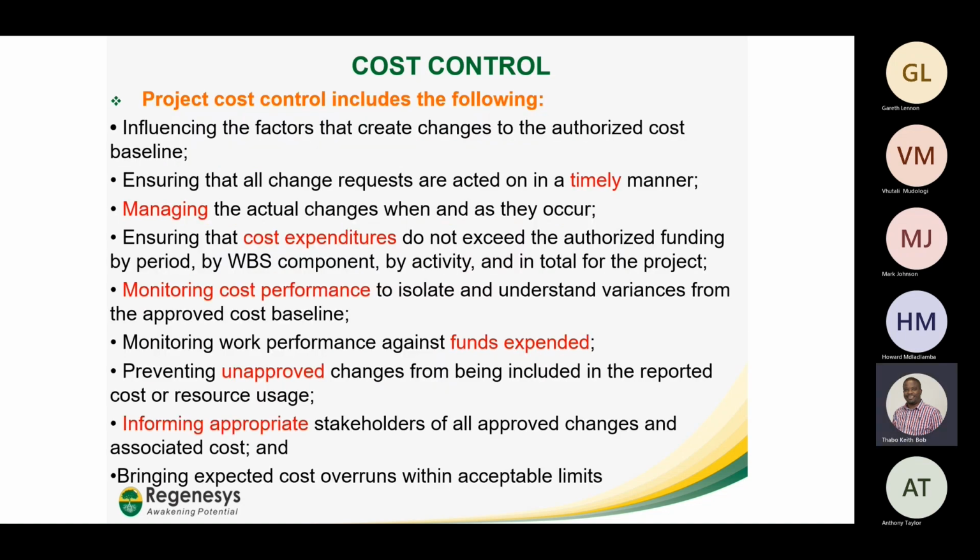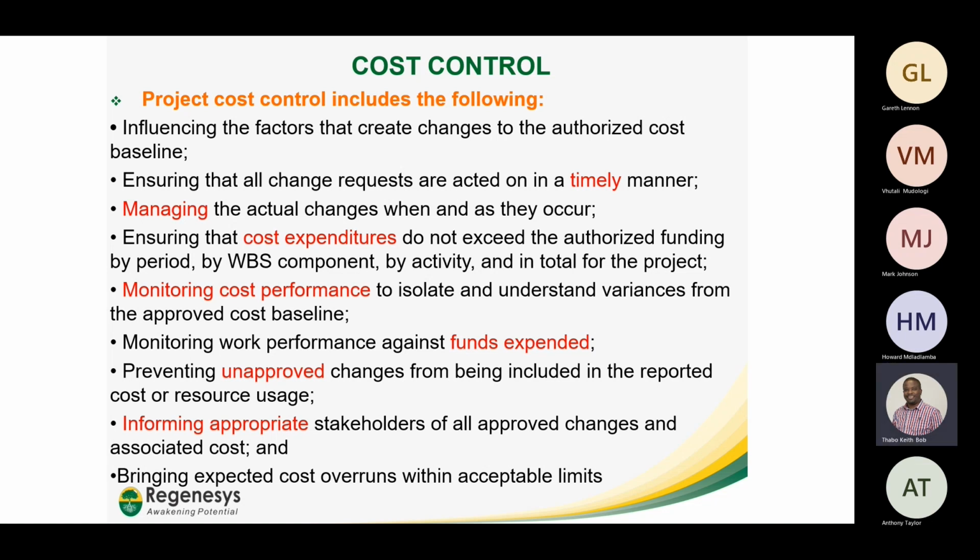And of course, in any project, project cost control includes the following: influencing the factors that create change to authorized cost baselines, ensuring all the change requests are acted on in a timely manner, managing the actual change when and as they occur, ensuring the cost expenditure does not exceed the authorized funding by period.